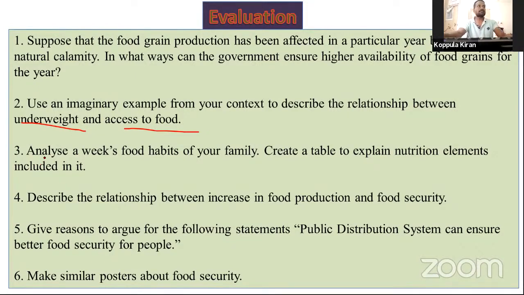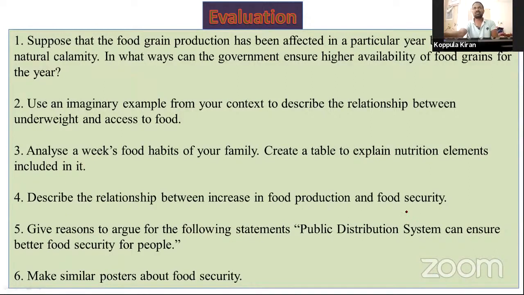Another one is, analyze a week's food habits of your family. Create a table to explain the nutrition elements included in it. Which type of food we have taken, and what are the nutrients in our food, for example carbohydrates, vitamins, minerals, proteins. Fourth one is, describe the relationship between increase in food production and food security.